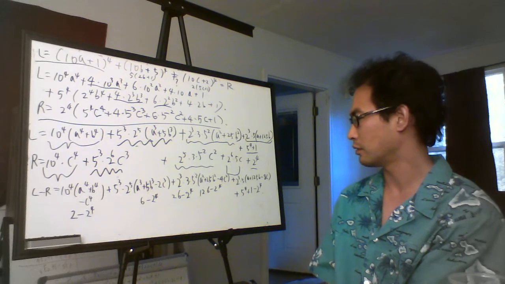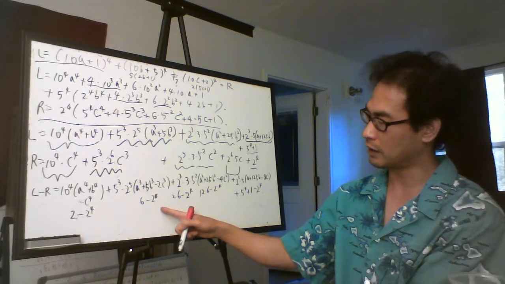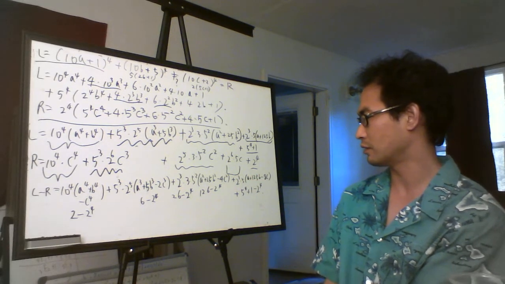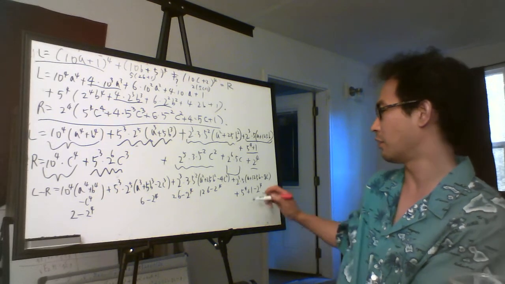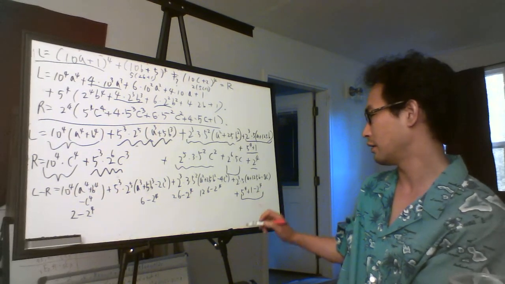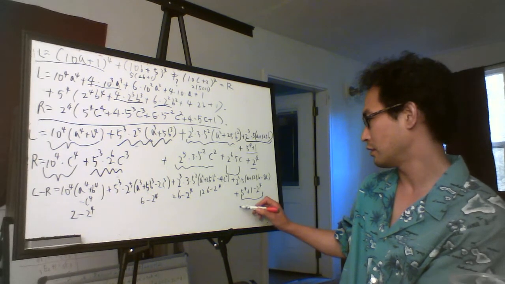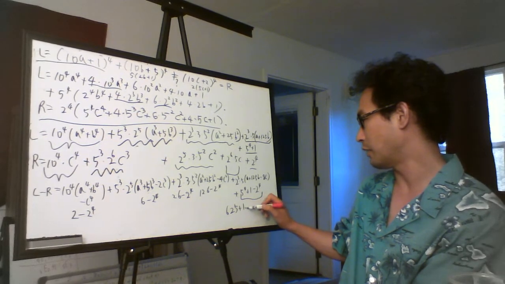So negative, negative, positive, positive. What's this number, by the way? 625 plus 1 minus 16.